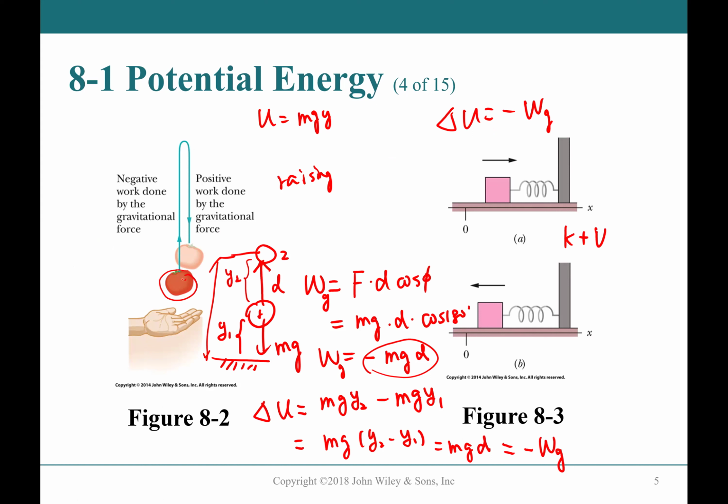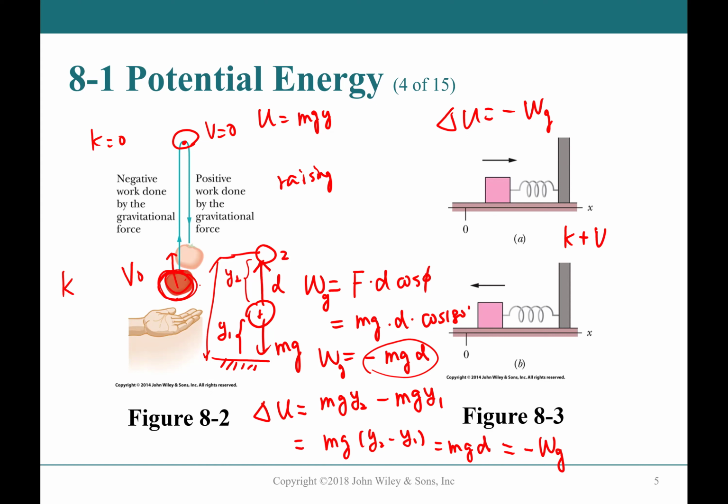So think about going from this position to the top point here. You will have v initial here, but at the top, you will have v equals 0. So you will have a lot of kinetic energy here, and you have K equals 0 at the top.